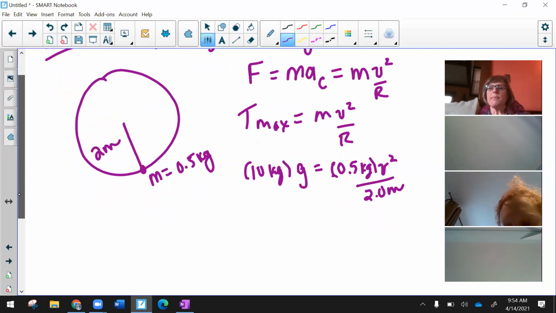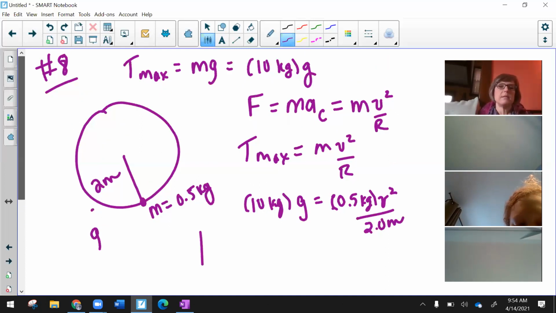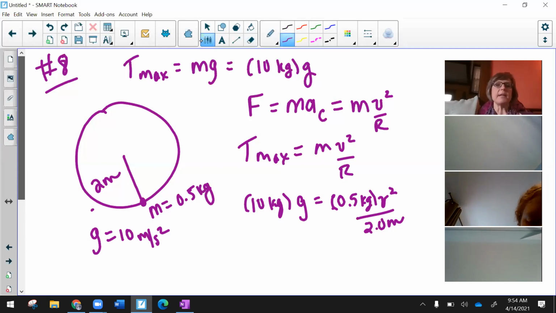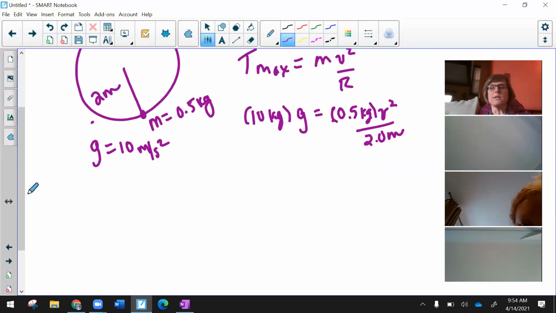Now, usually in problems like this, they want you to assume that g is equal to 10. Because for many years, you were not allowed a calculator on the multiple choice section of the AP exam. So everything was equal to 10 or 2 or a half or 4 so that you could easily do the math.